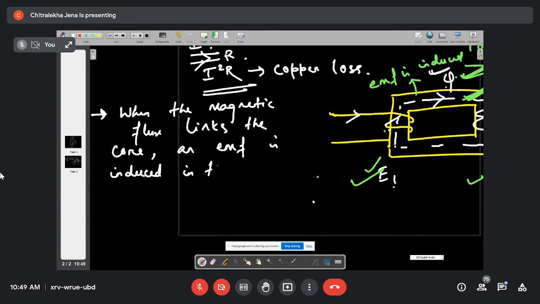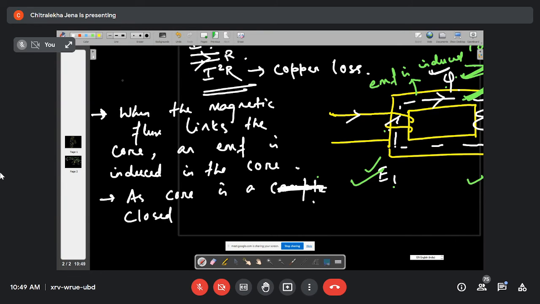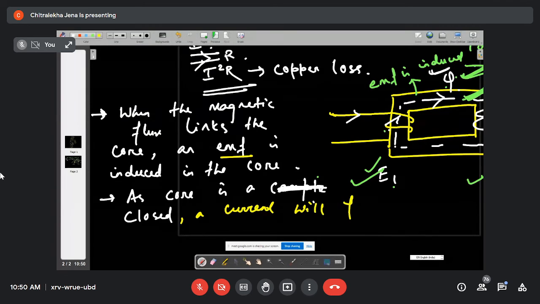Induced in the core. Okay. So as the core is a complete path or a closed path, I can write down, as core is closed, we are having an electromotive force. So what will happen? A current will flow. A current will flow where? Tell me, quick. Flow in core.